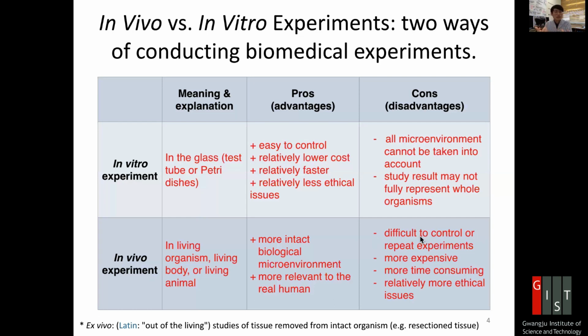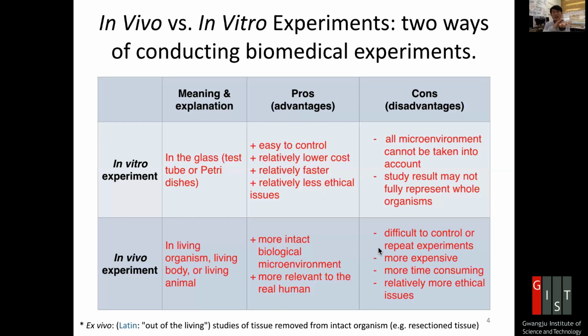And, you know, in science, repeatability is very important. The result we observe can be reproduced by other laboratories, which makes the result more reliable, and people consider it very important. And that is not as easy as with in vitro experiments.